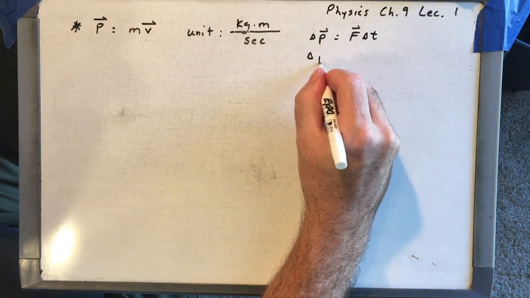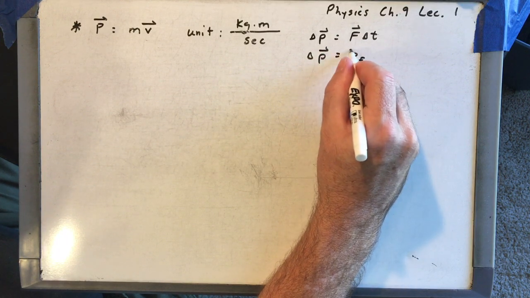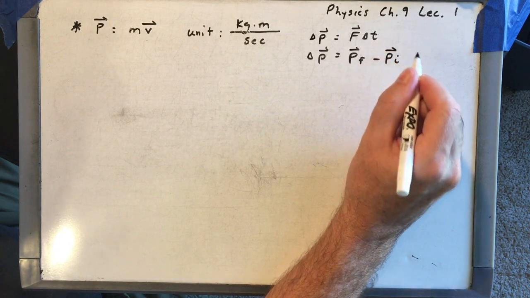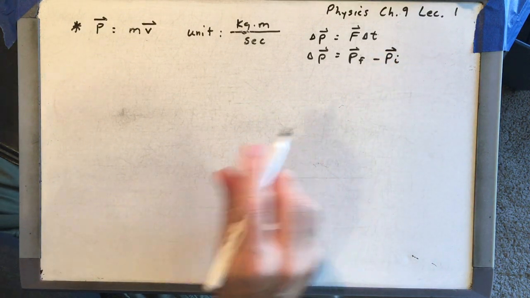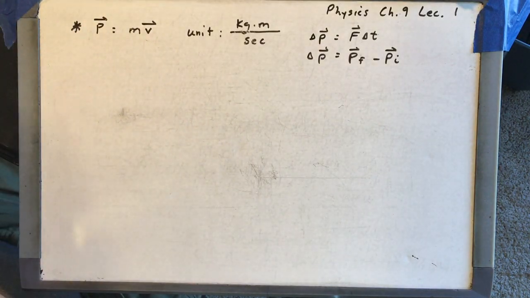And also delta P is equal to final minus initial. Okay, looking at 9.2 on page 294.